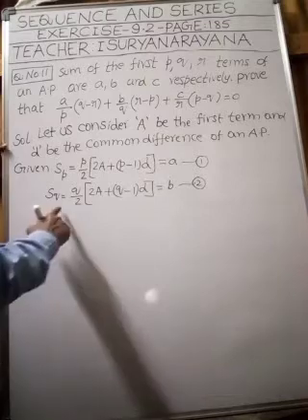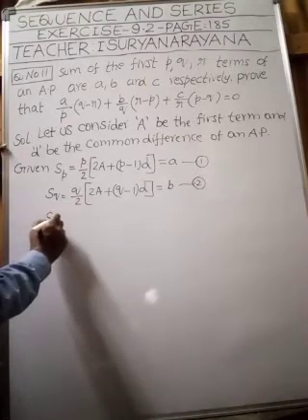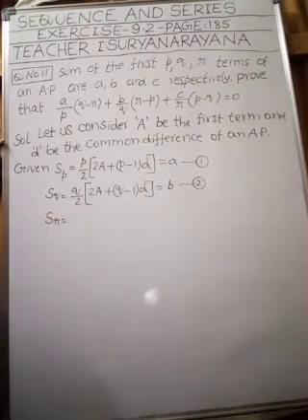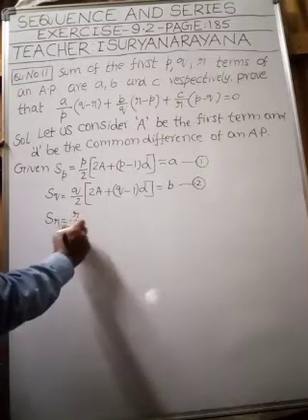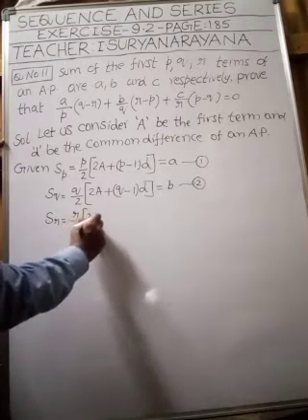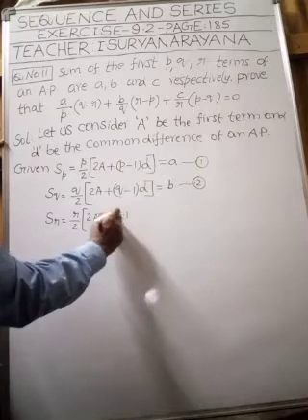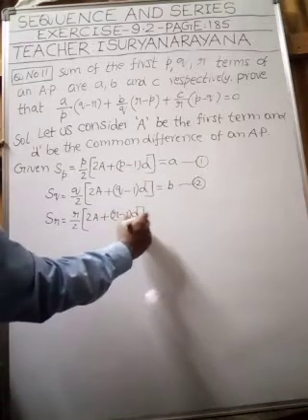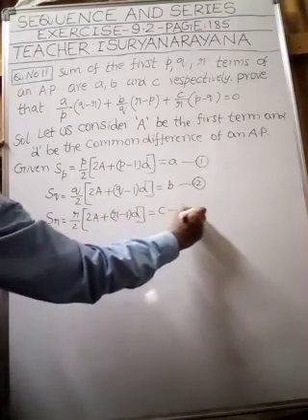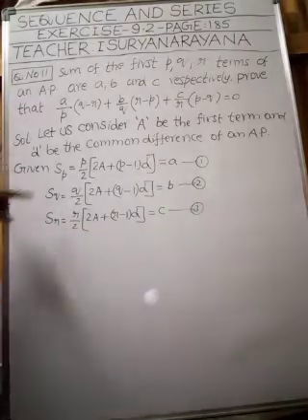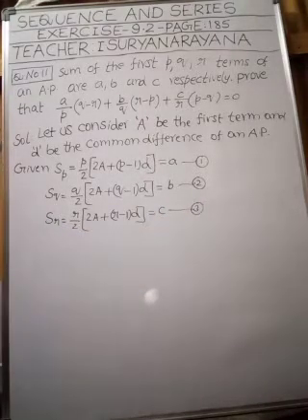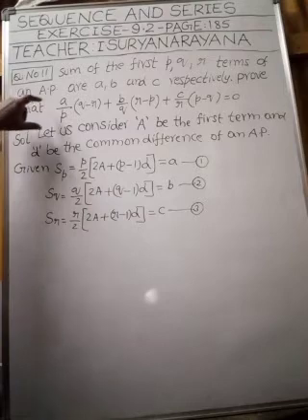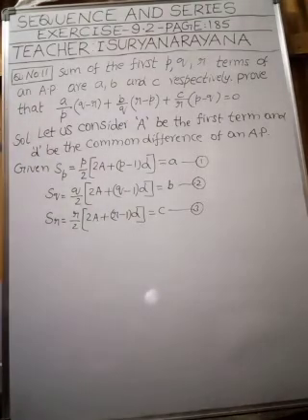Understood this step? Similarly, SR, the sum of the first R terms, is R by 2 into 2A plus R minus 1 into D. This is equal to C. Understood these three steps? Now, let us take the LHS.